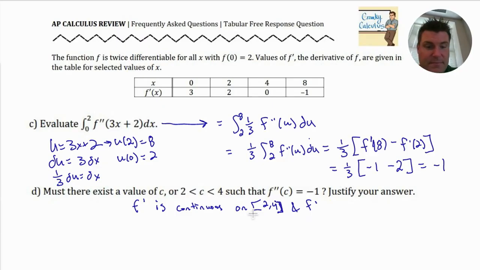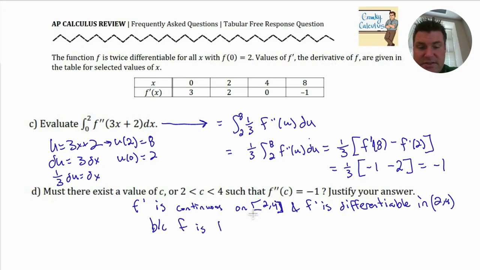And f prime is differentiable in the interval from 2 to 4, and that is because f is twice differentiable, so you do need to mention that. You can't just assume differentiability, you have to state it, and you can't assume continuity, you have to state it, and that's usually given to us, because f is twice differentiable.